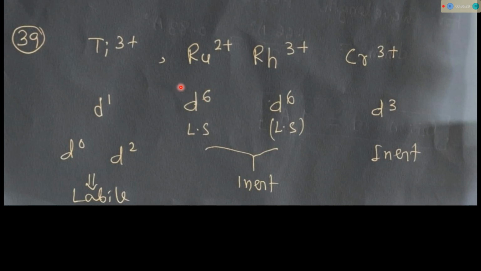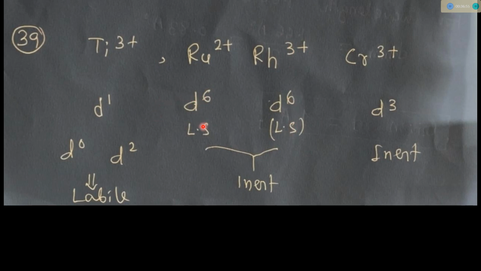We all know that 4d and 5d series metals are always low spin. Ruthenium is in the iron group, so ruthenium 2 plus is d6 low spin. Rhodium is in the cobalt group, means cobalt, rhodium, iridium. So rhodium 3 plus is also d6 low spin.